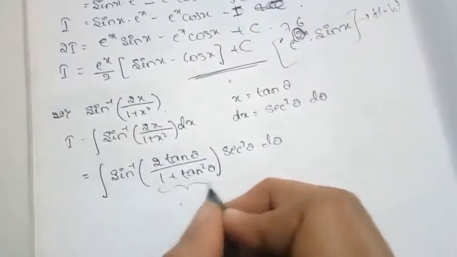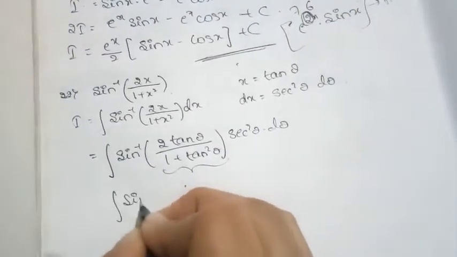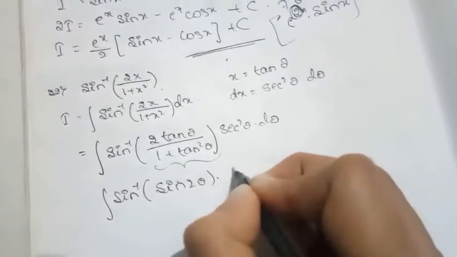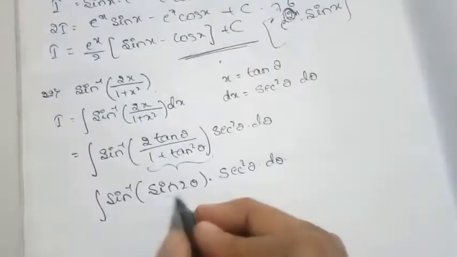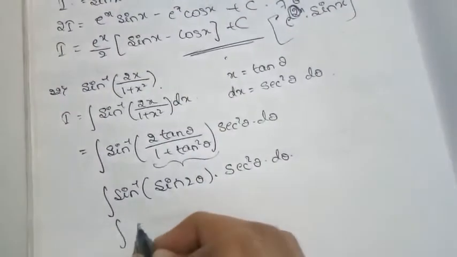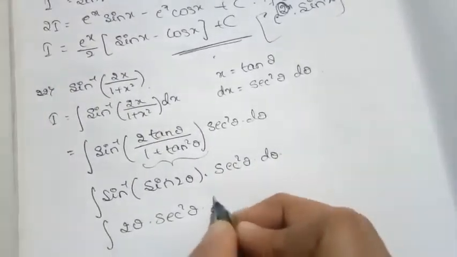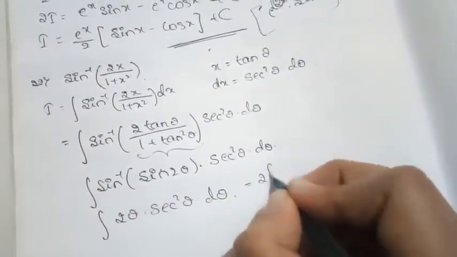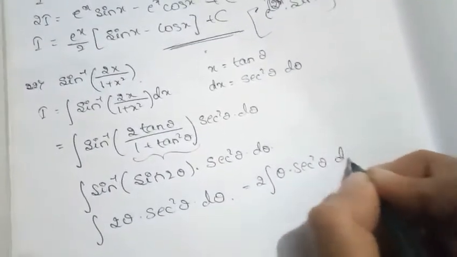By the trigonometric identities, we know that 2 tan theta divided by 1 plus tan square theta is equal to sin 2 theta. Now sin inverse of sin 2 theta is 2 theta into secant square theta into d theta. Now I bring this 2 outside, since it is a constant.